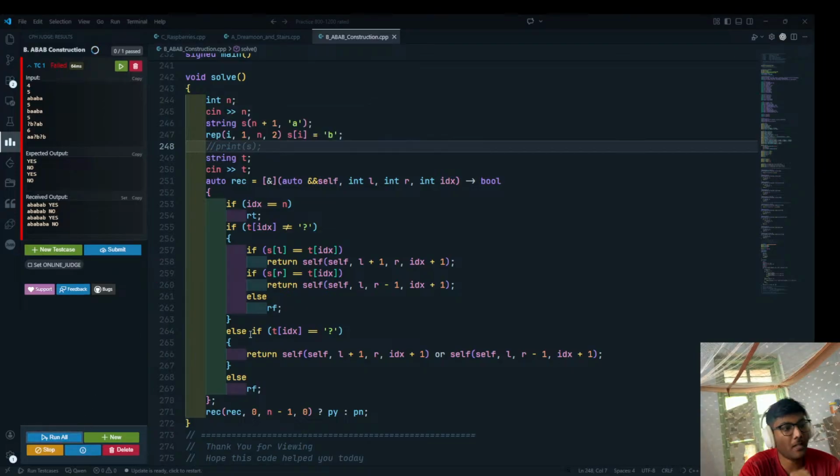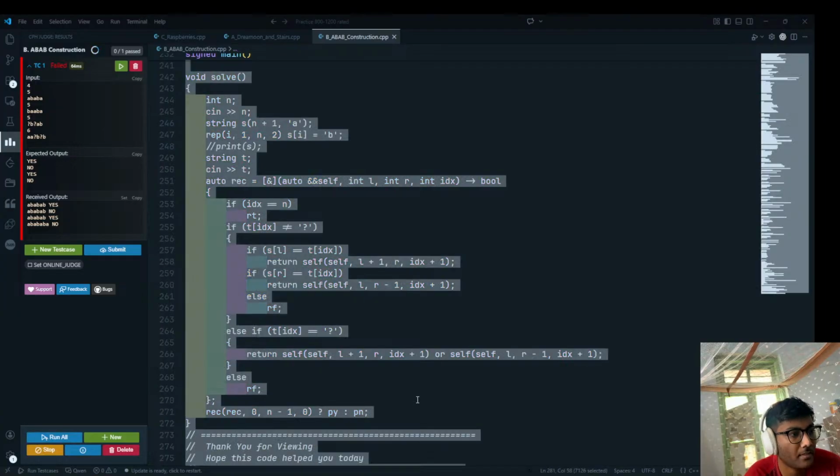Now we have to think about memoizing this somehow. Let's try to submit, see how many test cases it passes.